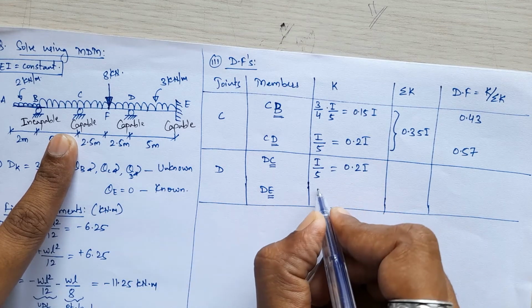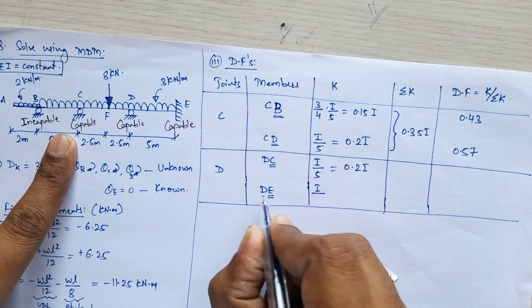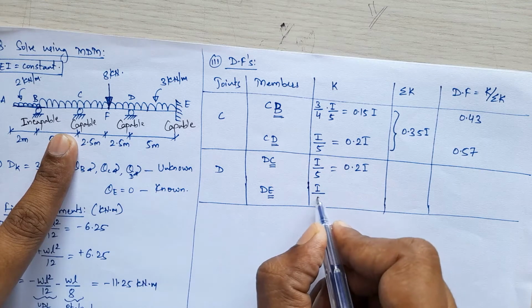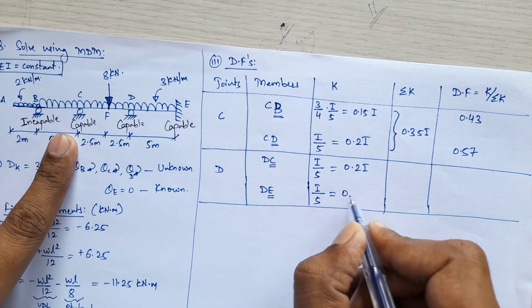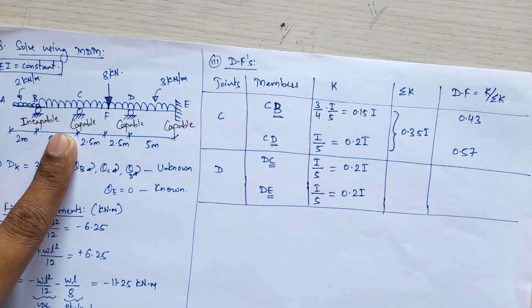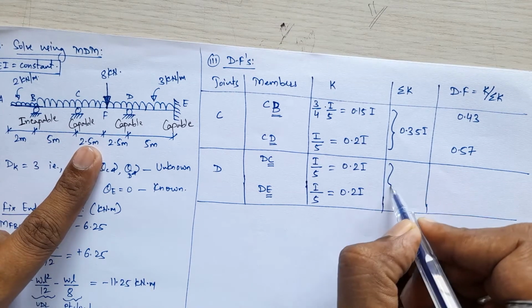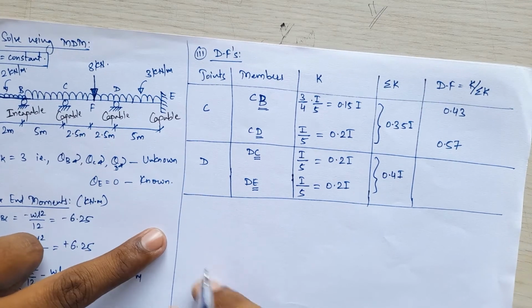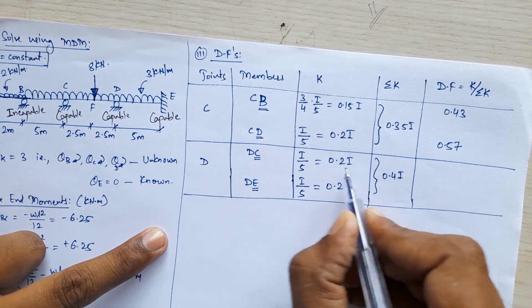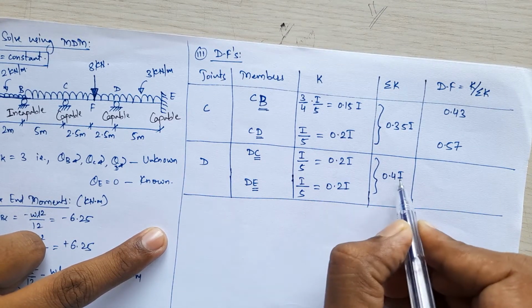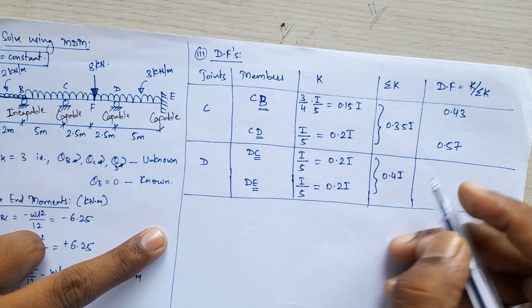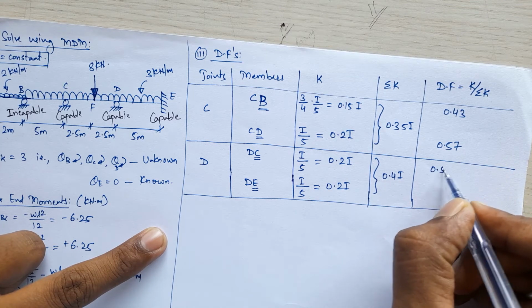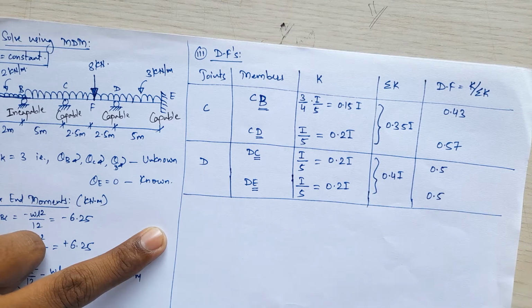So again the relative stiffness is I by L. L of DE is again 5. So that comes to I by 5, equal to 0.2 of I. If you add, 0.2 plus 0.2, it will be 0.4 of I. Then DF for DC is K upon summation of K, that is 0.2 I divided by 0.4 I, which gives 0.5, and here also I get 0.5.